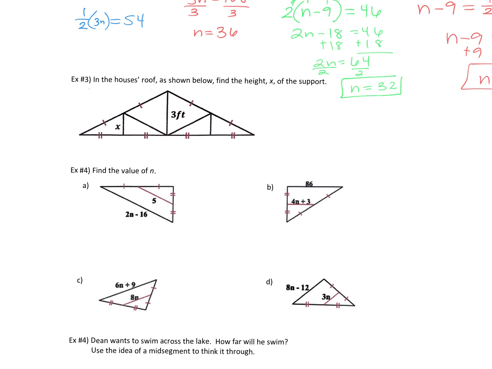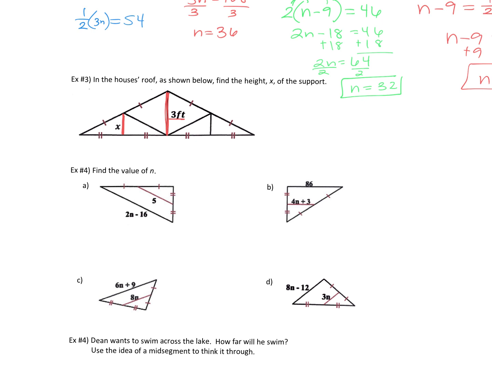This one says, example 3 here, in the house's roof, as shown below, find the height x of the support. So we're looking for this length right here. They're telling us this length is 3 feet. It's a lot of lines going on there. Do you see what x should be? Half of 3. It's half of 3.